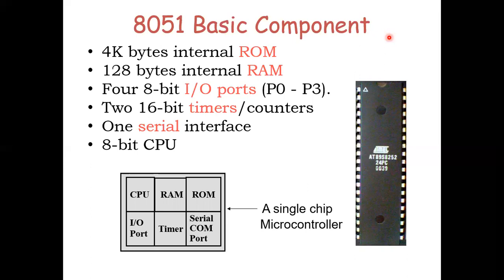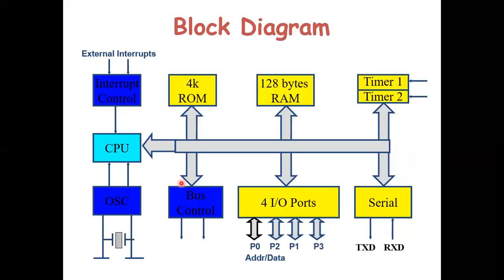As we already said, if a CPU has internal memory, timers, serial port and input output ports, that total unit is called a microcontroller. This is a single chip microcontroller.